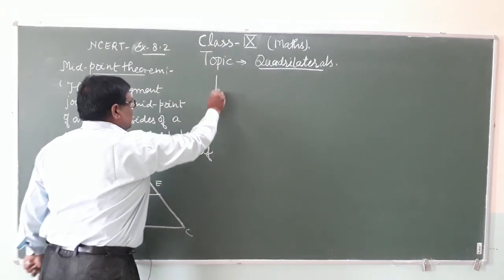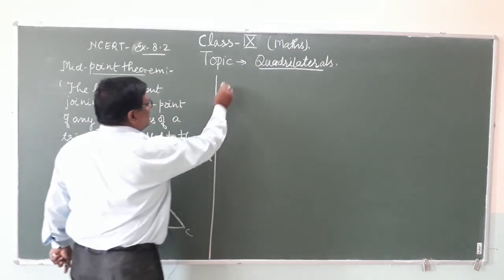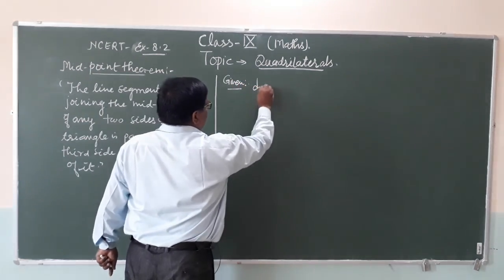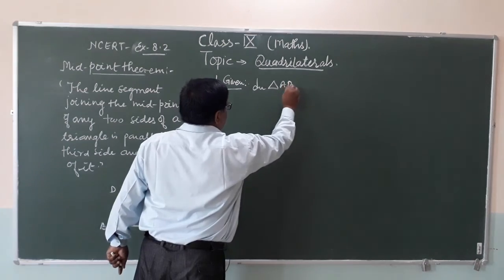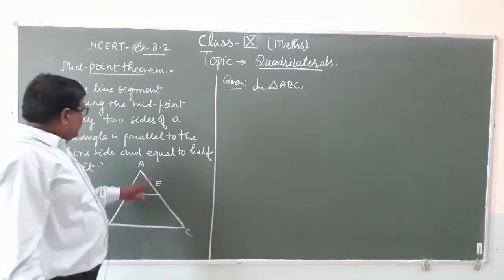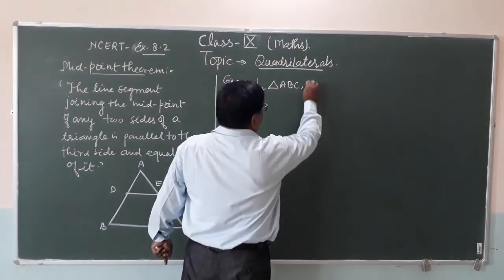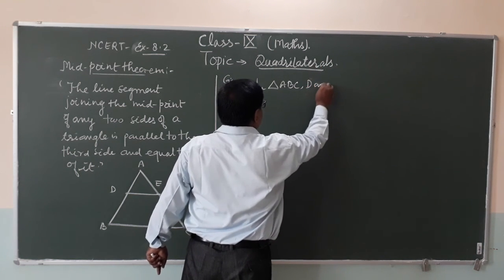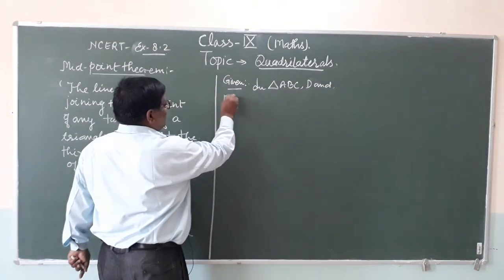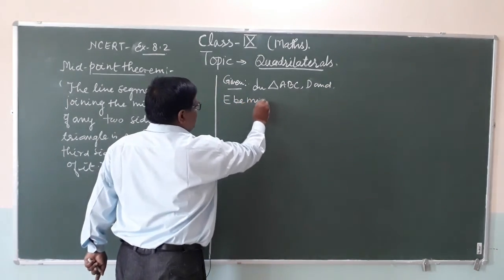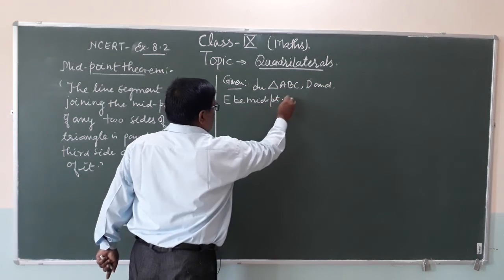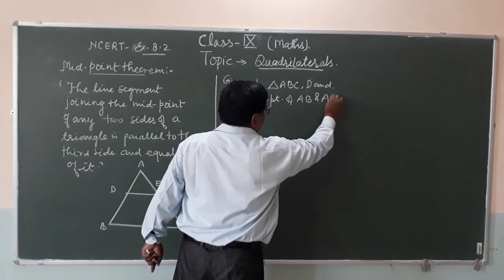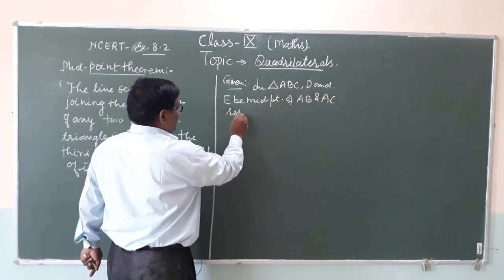What is our given? Given is, in triangle ABC, D and E be the midpoints of AB and AC respectively.